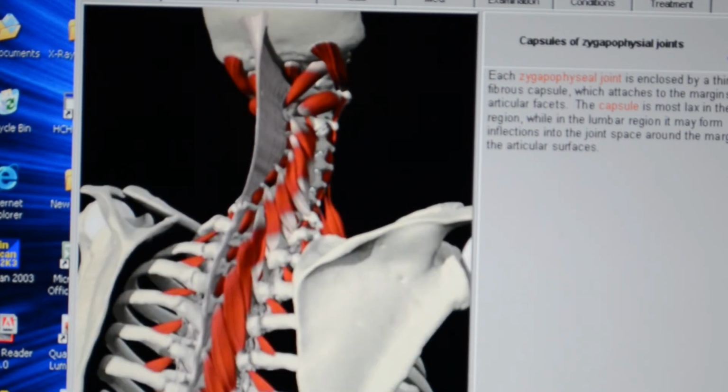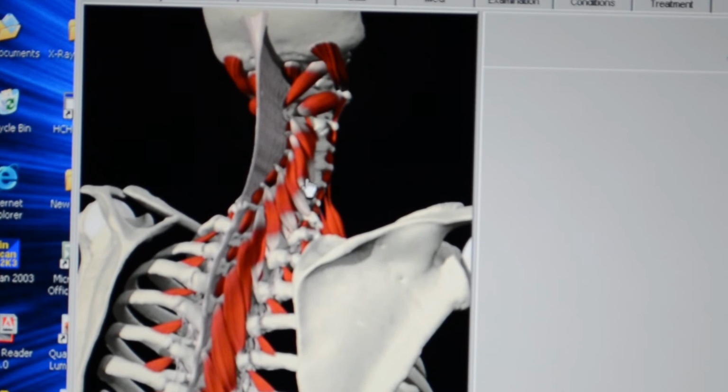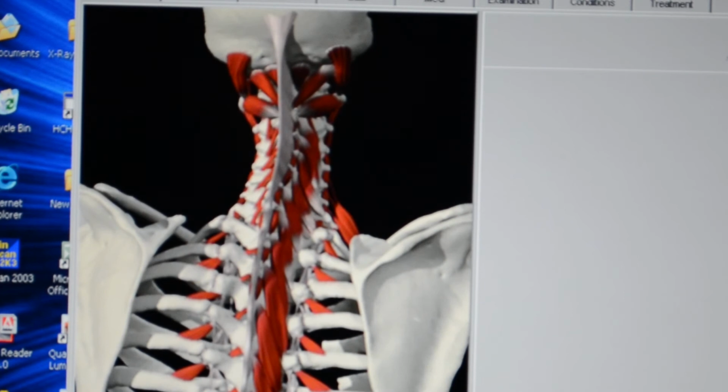Now, the next thing that occurs is that since these muscles are not doing their job, and their job is actually to control movement and resist excessive movement, when these muscles are not working, an individual neck joint may rotate or twist on itself more than it should.